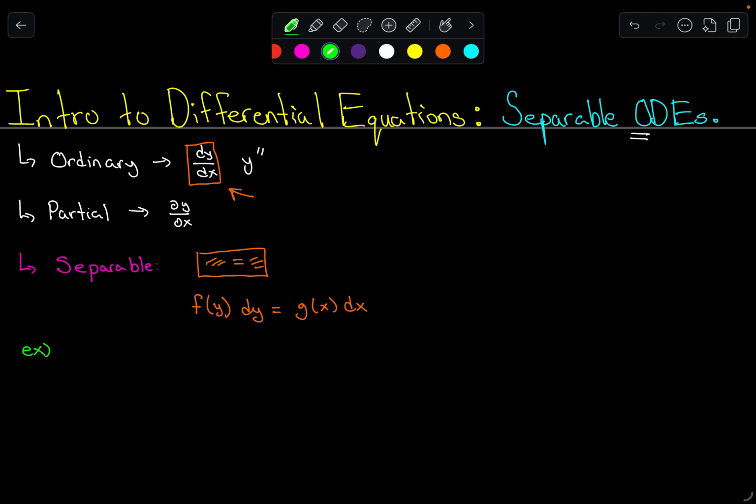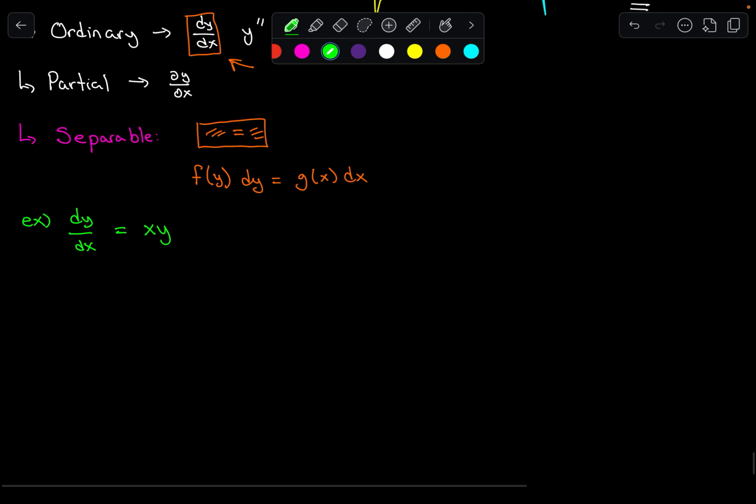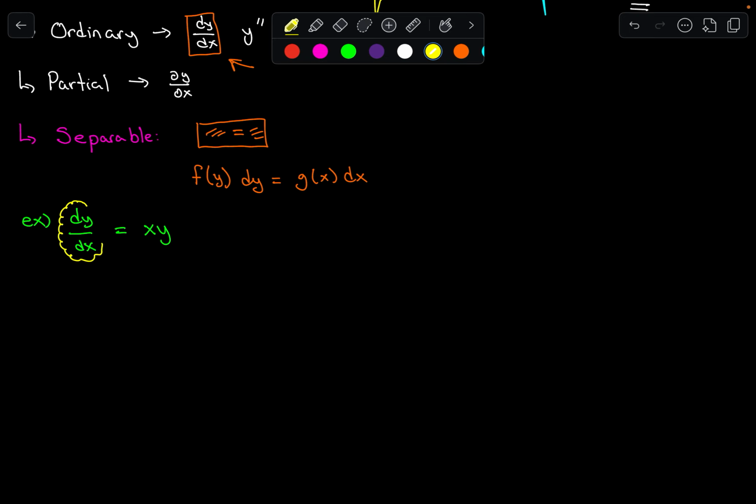A first order differential equation that is very readily separable is the following: dy dx is equal to xy. This is easily separable because we can treat dy dx as a fraction and put everything with x's on one side, just like you see in the definition, and everything with y's on the other side, and hopefully it fits into this form.